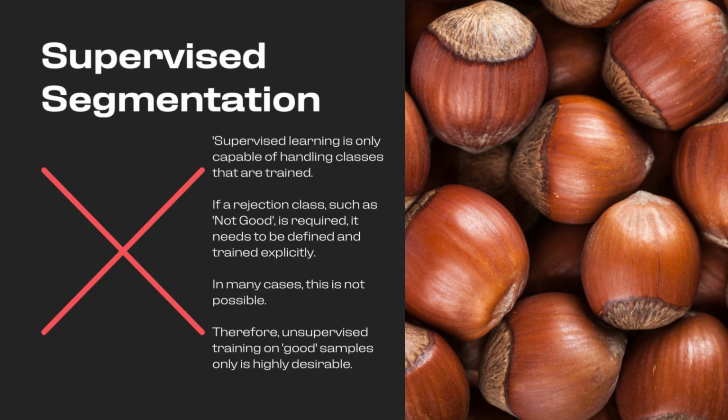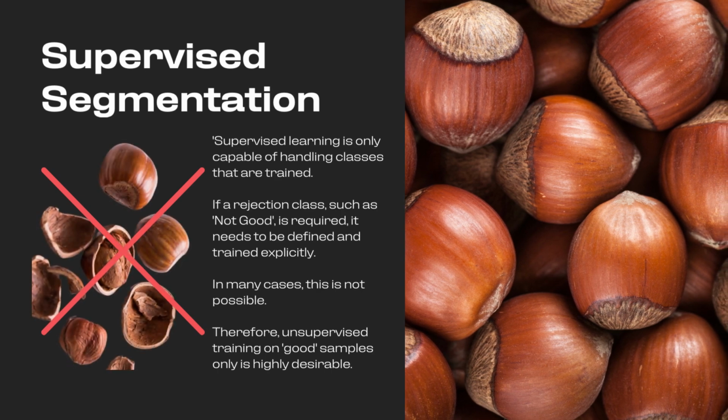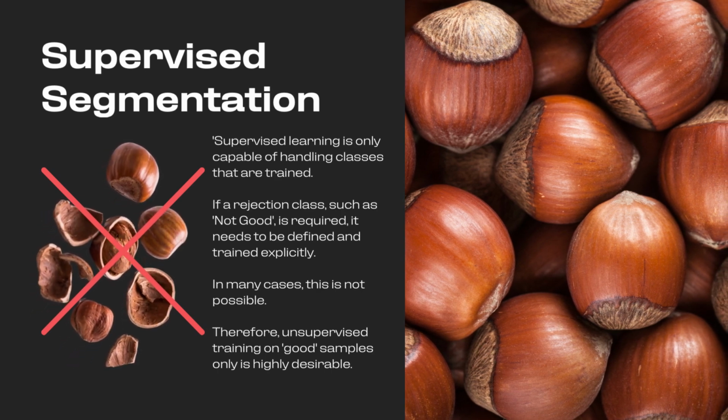So, going back to the supervised one, just to give you an example, if we were looking at, in this case, hazelnuts here. Of course, it's an organic product which has a lot of variation from nut to nut.